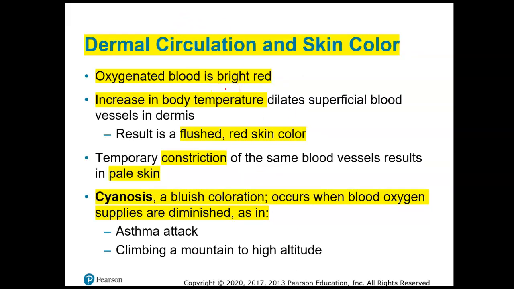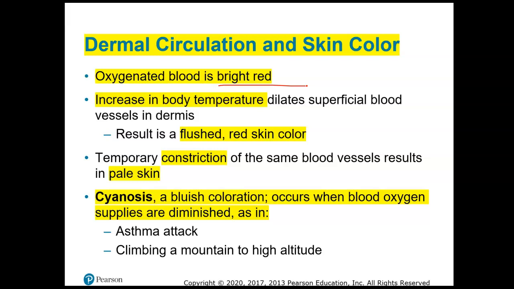All right, as far as how our circulation affects our skin color, oxygenated blood is bright red. If you've ever heard that oxygen-rich blood is red and oxygen-poor blood is blue, that is wrong. So get away from that, because there's no blue blood.